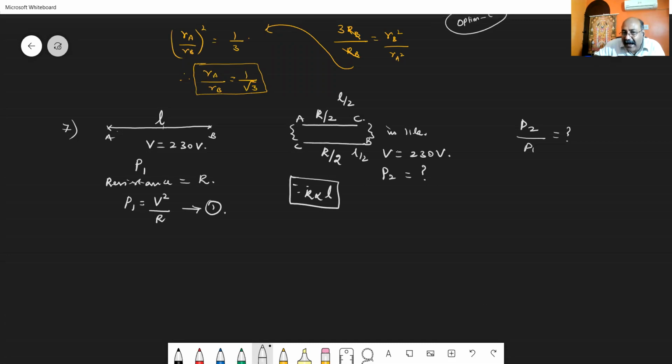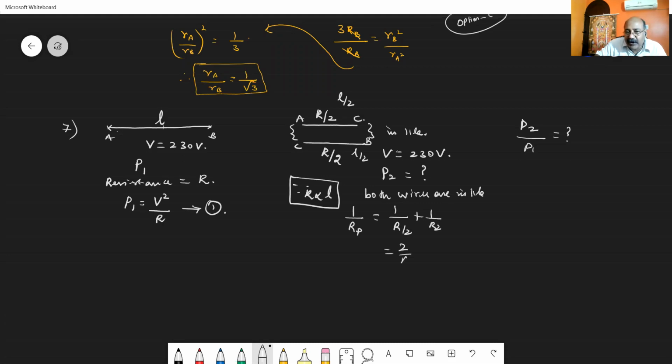After that, what have they given? Both wires are in parallel, isn't it? If they are in parallel, you calculate the effective resistance. 1 divided by Rp will be equal to 1 divided by R by 2 plus 1 divided by R by 2.